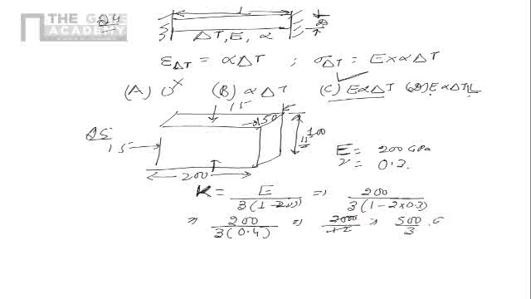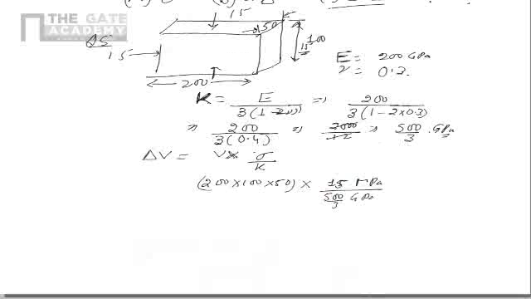That is the bulk modulus of steel. The change of volume is nothing but the original volume multiplied by the stress upon bulk modulus. So here it is 200 into 100 into 50, that's the volume, multiplied by the stress, 15 MPa, divided by K. K is 500 by 3 GPa.